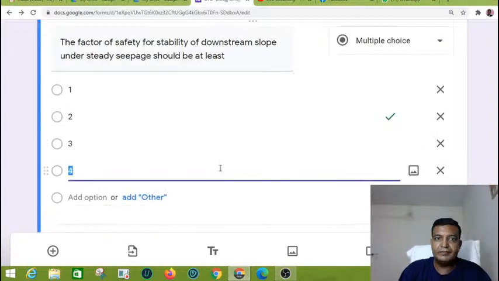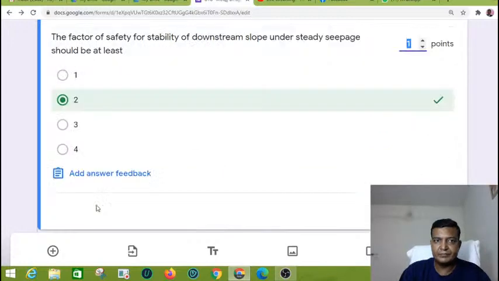Answer is 2. The factor of safety for stability of downstream slope under steady seepage should be at least 2. It's 2.